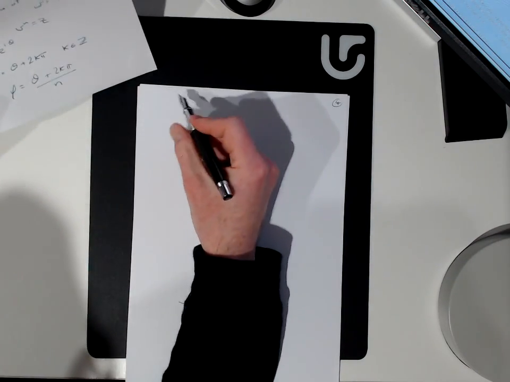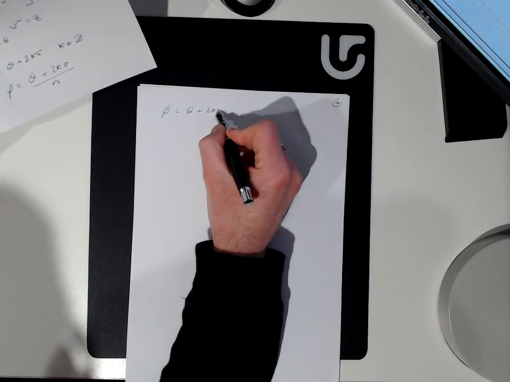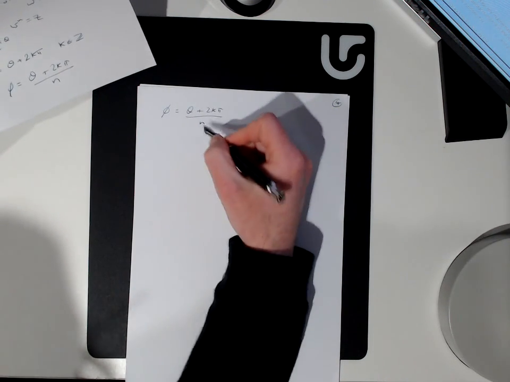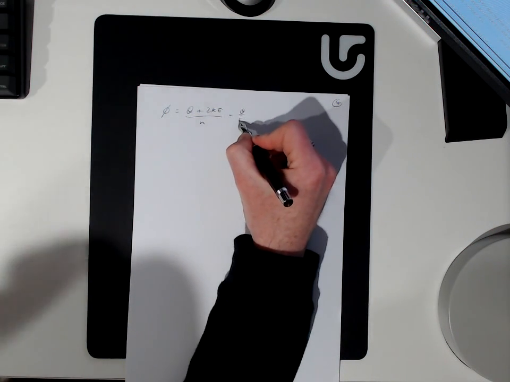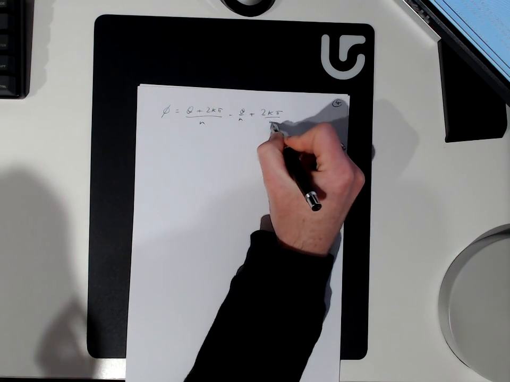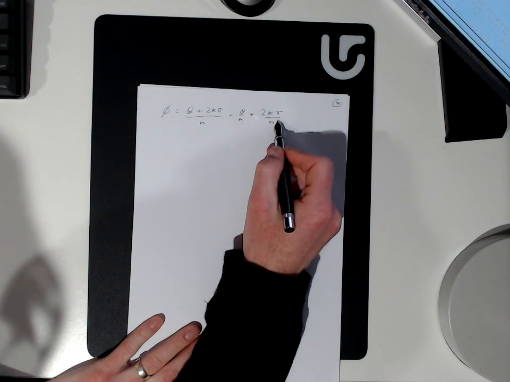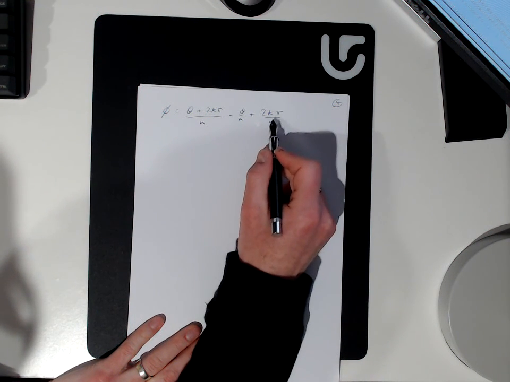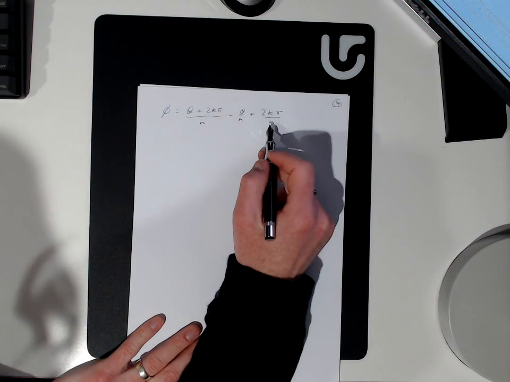So let's consider this a little more. Phi equals theta plus 2k pi over n, which can be rewritten as theta over n plus 2k pi over n. So that's some angle, and that's something. This will increase in integer multiples of 2 pi only when k is a multiple of n.